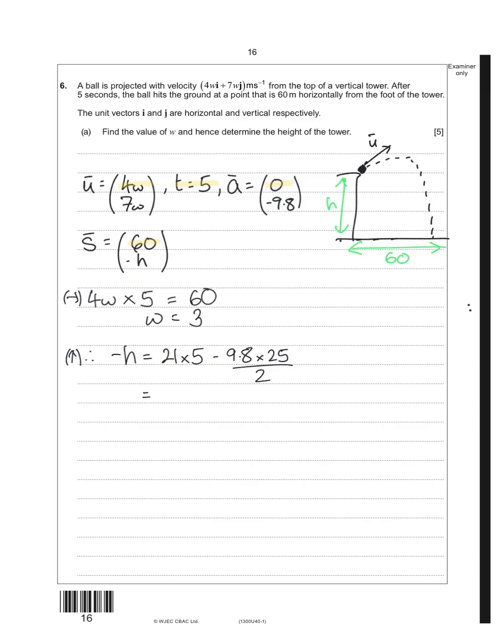Okay, type that into my calculator. 21 times 5 minus 4.9 times 25, and you get that negative h, we knew this was going to be negative, is minus 17.5. Therefore h, which is the height of the tower, is 17.5 meters. And there's our 2 marks. Or 5 marks, actually.